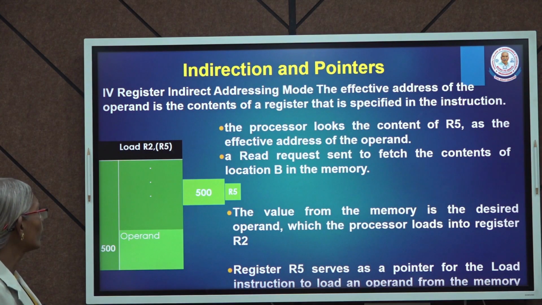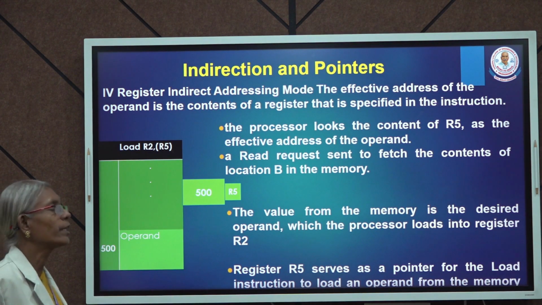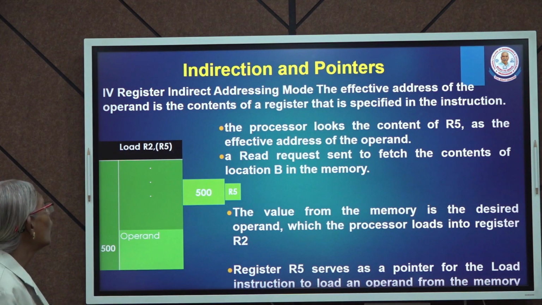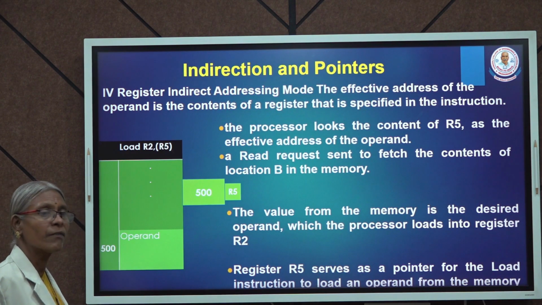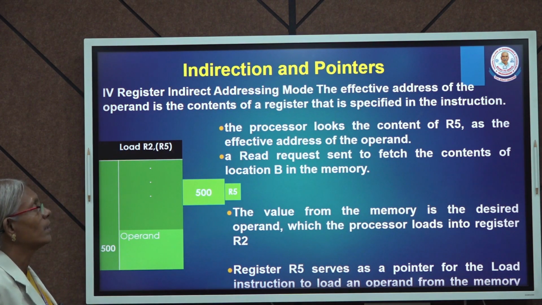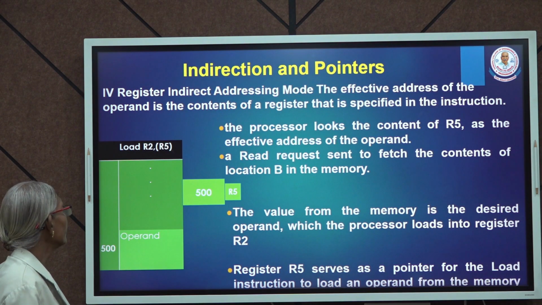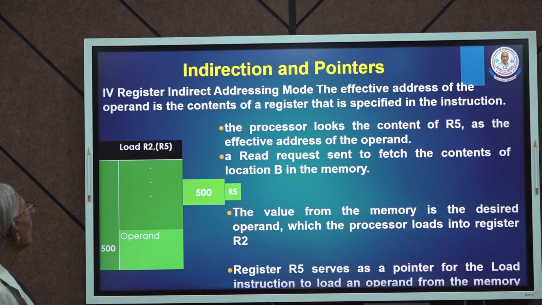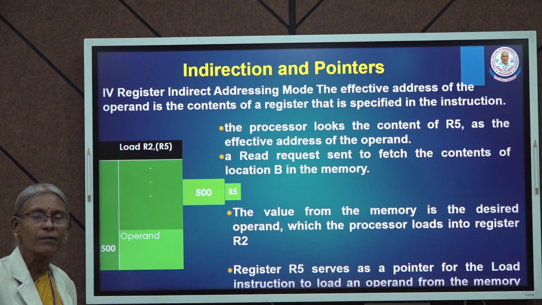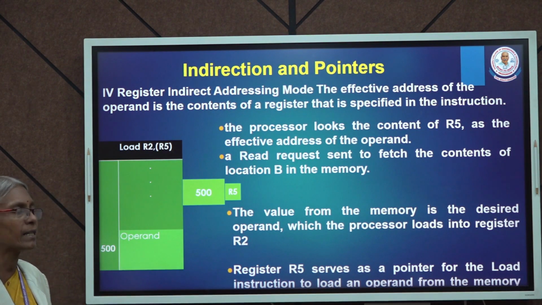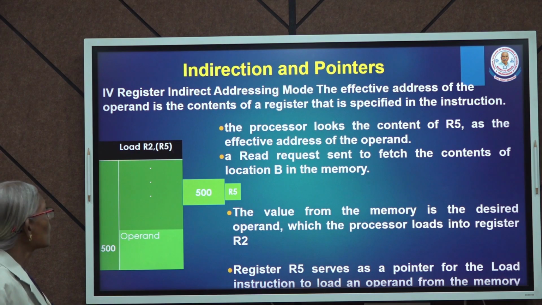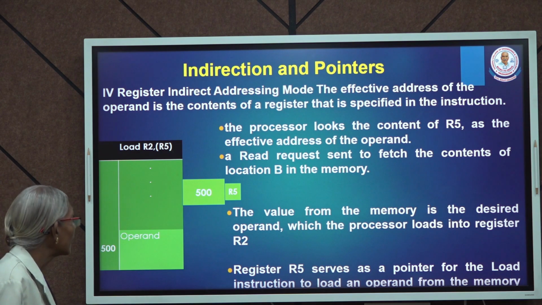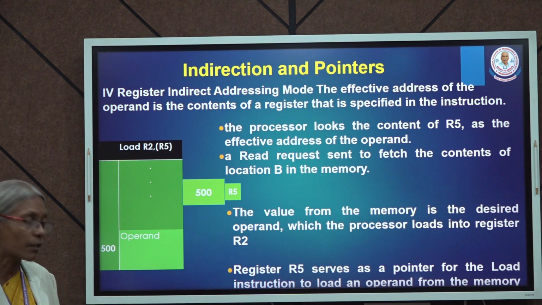So here I am going to have the register indirect addressing mode. Here the effective address of the operand is the contents of a register which is specified in the instruction. Let us take one example. Load R2, (R5), written within parentheses. Now the processor looks for the content of the register R5.